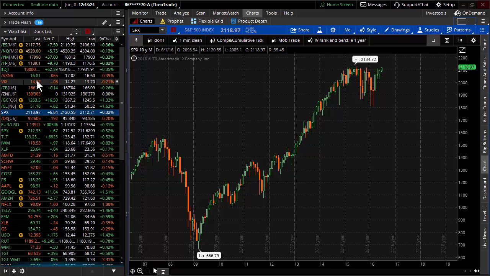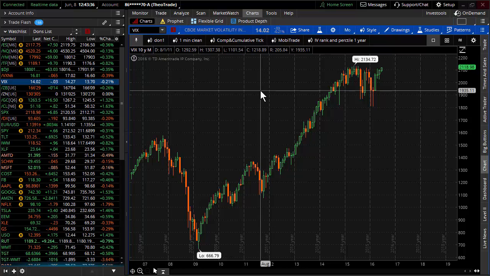I believe that the marketplace volatility, if you want to look at the VIX, or the volatility futures, however you want to gauge volatility, in effect, the volatility is being squeezed away.